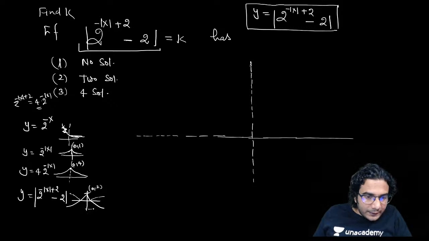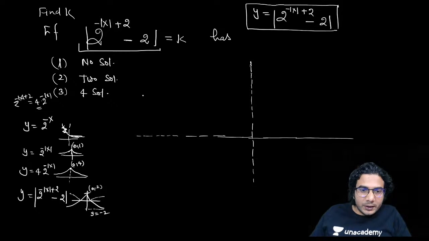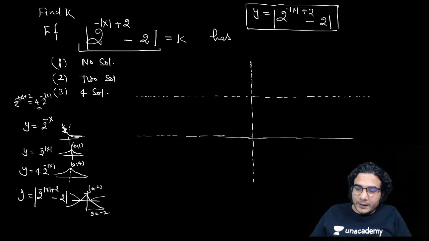And the line where it was touching the x-axis in the beginning is now touching y is equal to minus 2, and after taking the reflection it will touch y is equal to plus 2. So I'm plotting this y is equal to plus 2 line. So finally the graph is going to be like this.